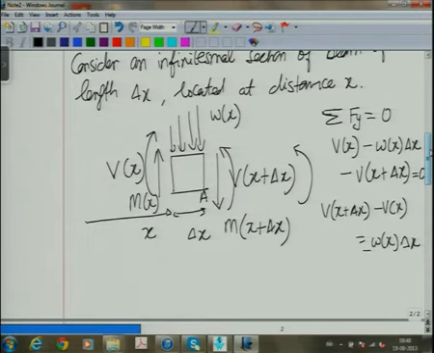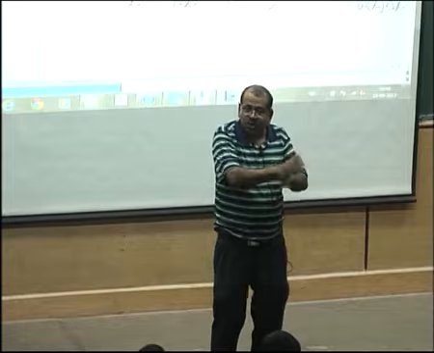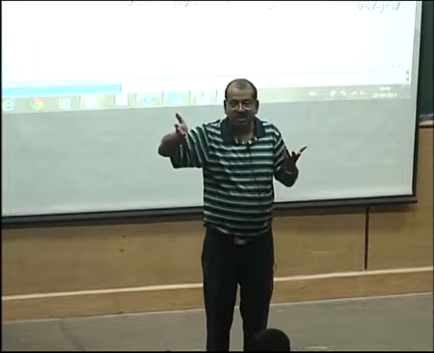Delta x by 2? See, this distribution could have any shape. So what I will say is it will act at beta times delta x, where beta is a fraction which could vary between 0 and 1. Is that right? That would be a more precise way of saying it, that it will act somewhere from here to here. So I make it a general point that it will be a fraction between 0 and 1. It could either be 0, it could be 1, depending on where the load is.